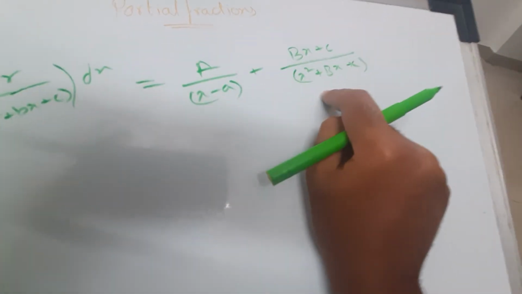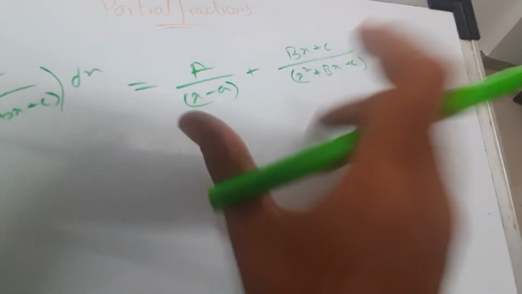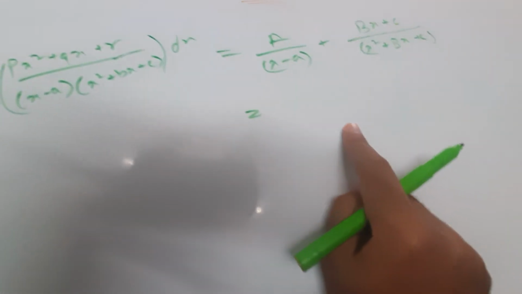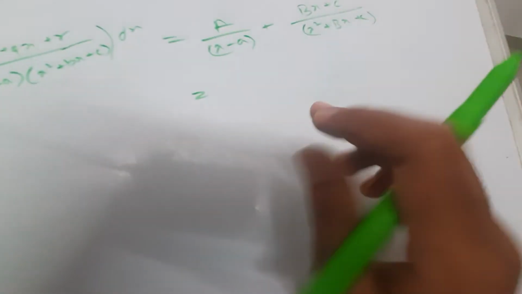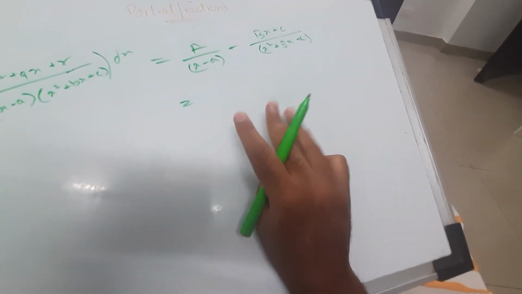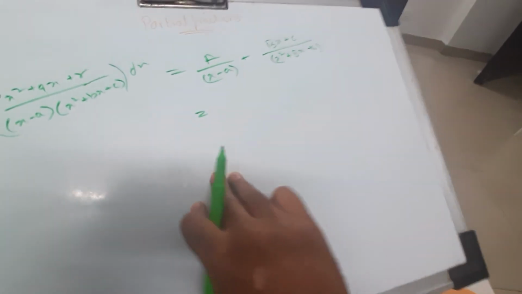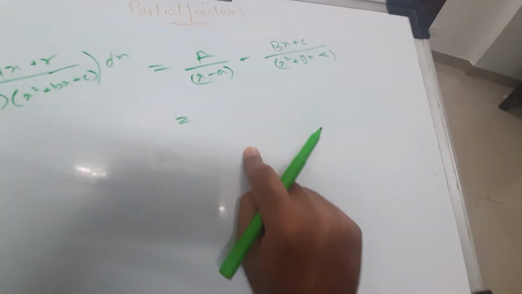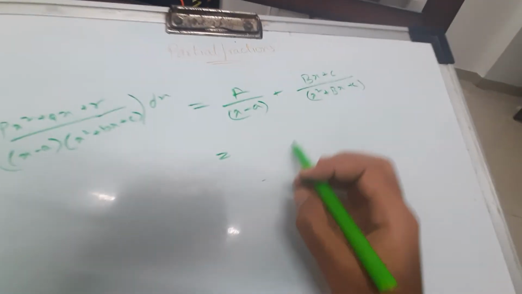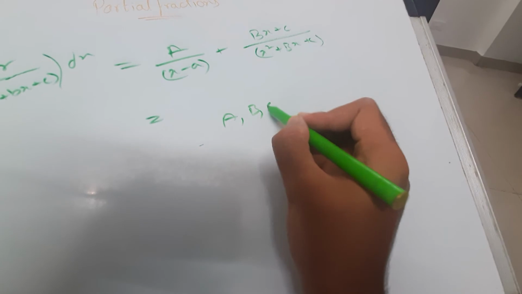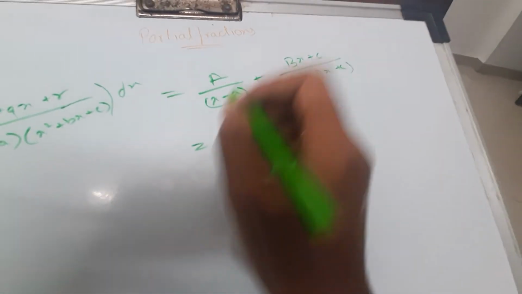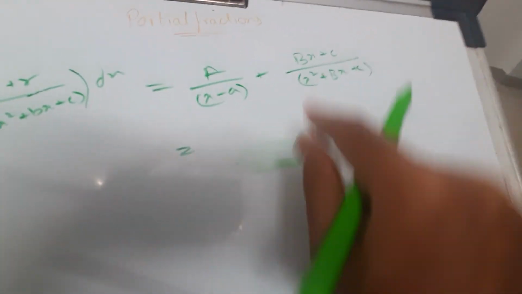Now you do the normal method: cross multiply, cancel out the denominators, and then compare the x terms, x squared terms, and constant terms. Before that, you can substitute x values for the entire equation, and you'll get the A, B, C values, and with that you can integrate.